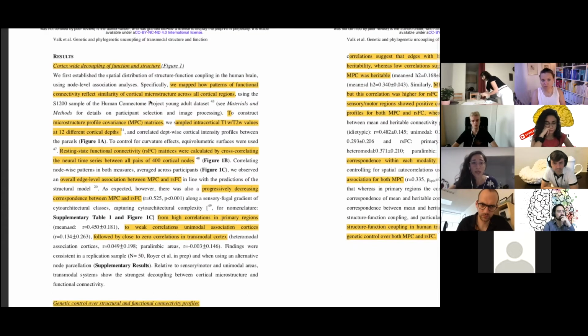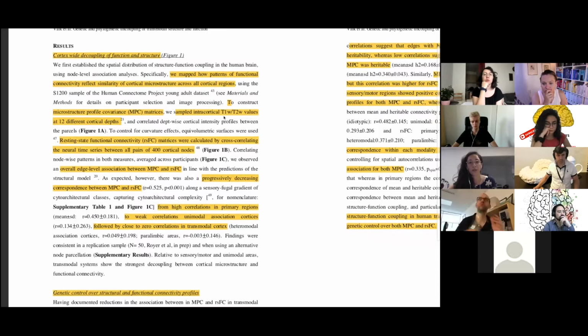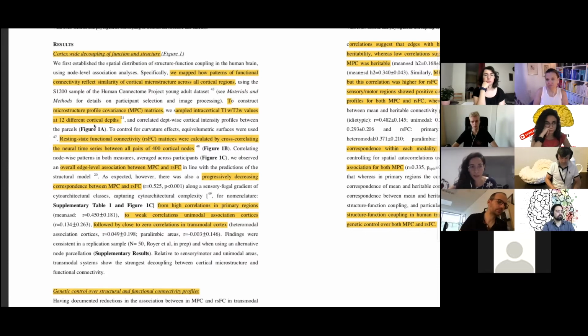To do so, the authors computed the maps of functional connectivity and cortical microstructure. In particular, they computed these MPC, microstructure profile covariance matrices, which has been sampled via T1 and T2 values at 12 different cortical depths.